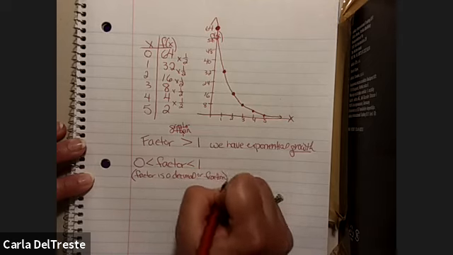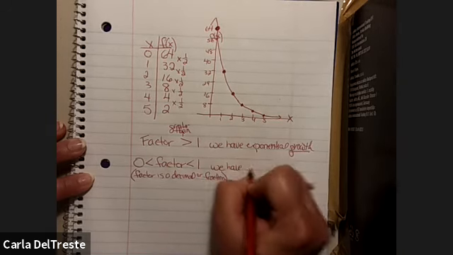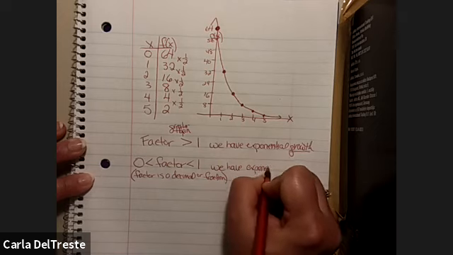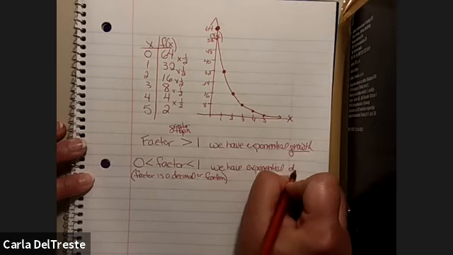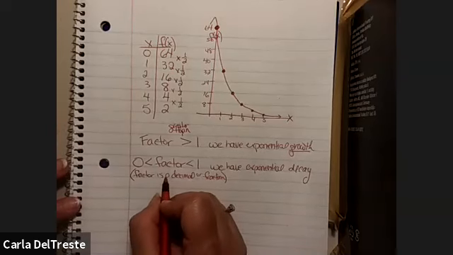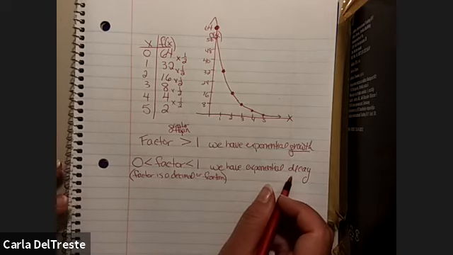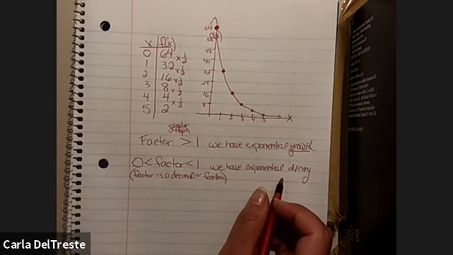So it's stuck between 0 and 1. We have exponential decay. And that, again, should make sense because we're taking part of what it previously was every time. So it's going to be decaying or decreasing.